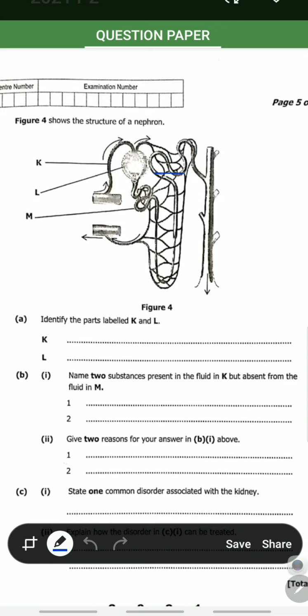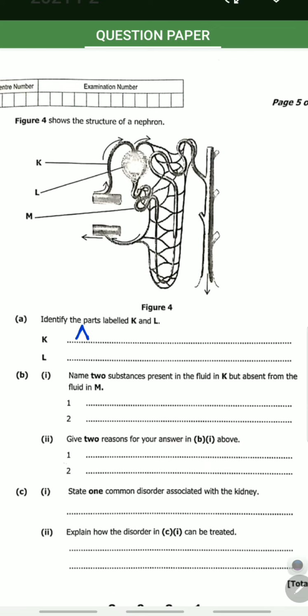So these other parts that are shown, L is the Bowman's capsule, whilst K, this tube here that leads to the Bowman's capsule, is the afferent arterioles, or the afferent end. So we are going to write afferent arterioles.